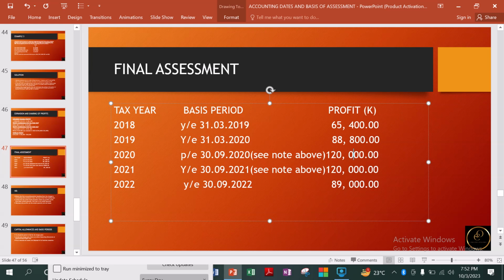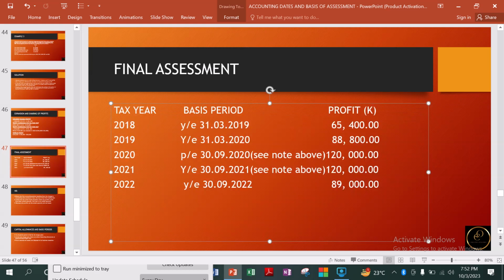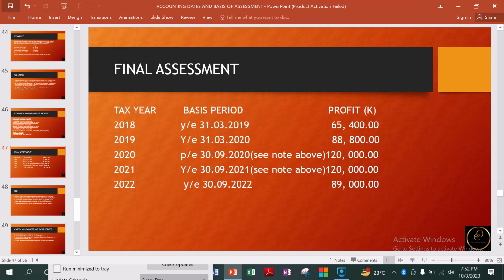That's calculated above. Then the next one follows through smoothly. It is the current year basis now, which is 30 September 2022, of 89,000. So that's how it is computed.